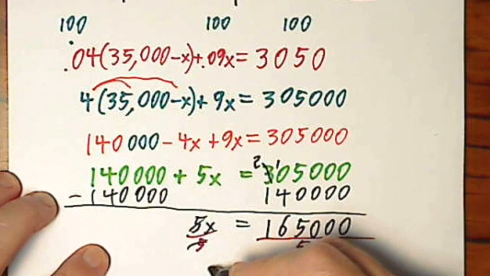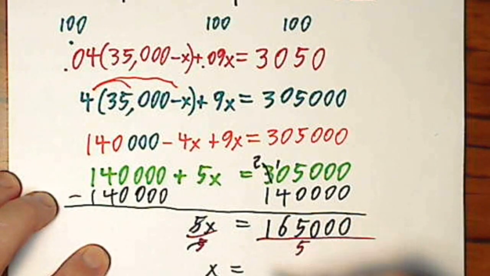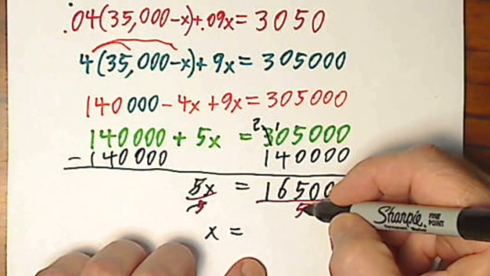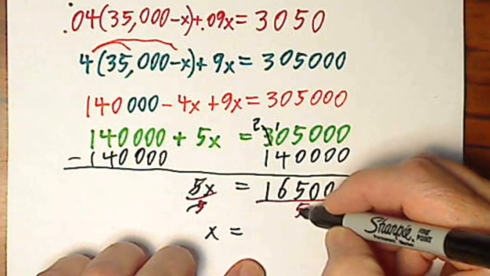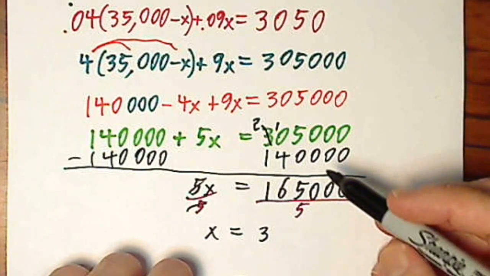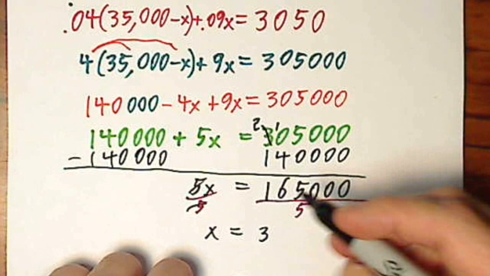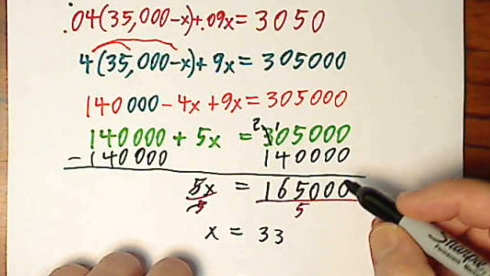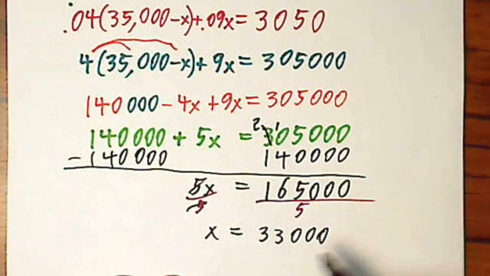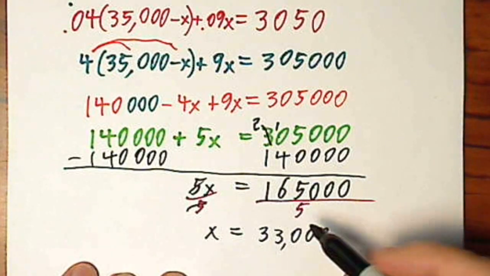Obviously 5 goes into itself once, and we figured out that x is equal to, I'm going to try this without writing it all out. 5 goes into 16 3 times, and I have 15, that's another 3, and I have to use up those zeros.